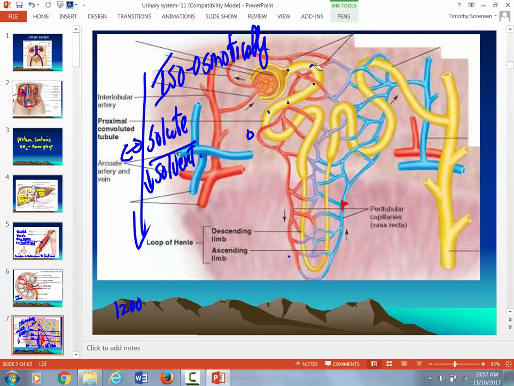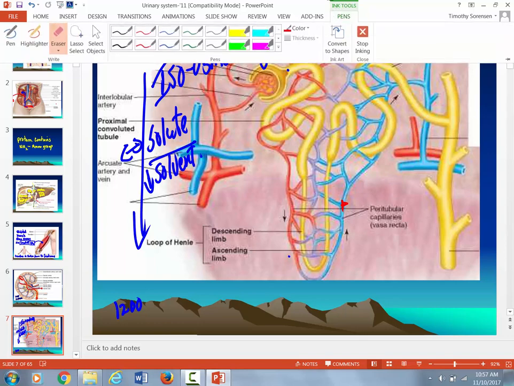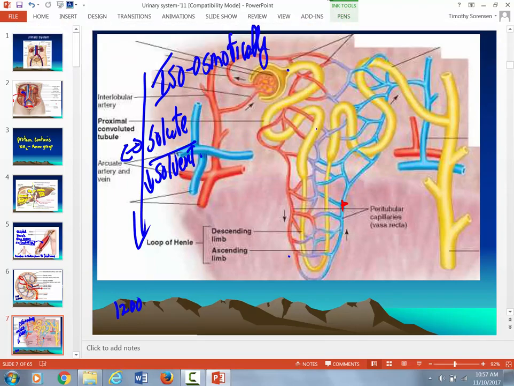What's the osmolarity at the end of the ascending limb of the loop of Don Henley? 300. Now, as you can see, it looks like a big long balloon when you try to blow it up. It gets wider and then starts getting bigger. This is called the thickened portion of the ascending limb. Please get this. In the thickened portion of the ascending limb, electrolytes are actively pumped back into the blood.